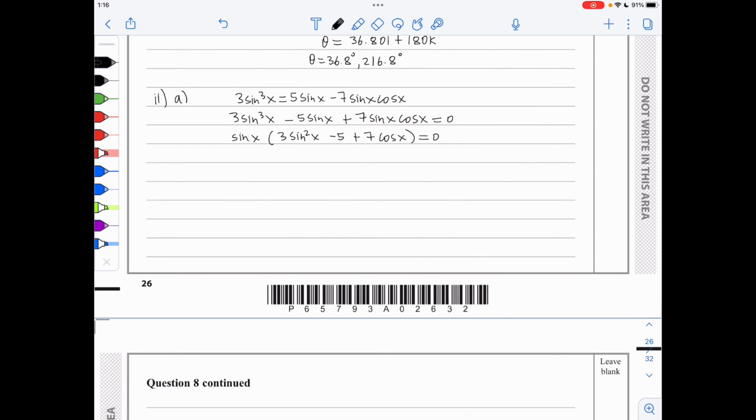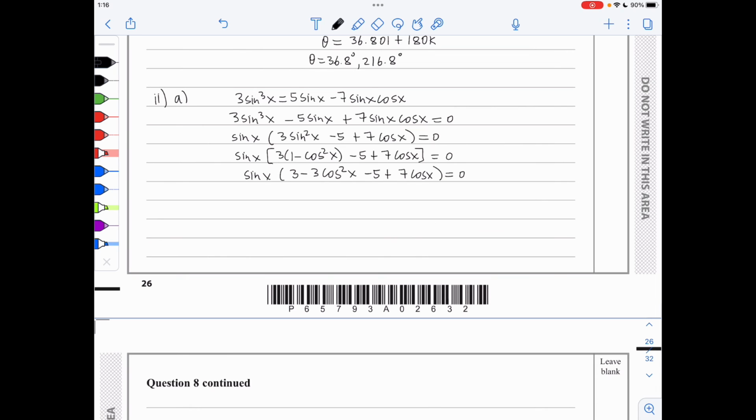It makes sense to write sine squared as 1 minus cos squared in order to get a quadratic in cos x in the bracket. So it's 3 times 1 minus cos squared x minus 5 plus 7 cos x, and this is equal to 0. And therefore sine x brackets 3 minus 3 cos squared x minus 5 plus 7 cos x is equal to 0.